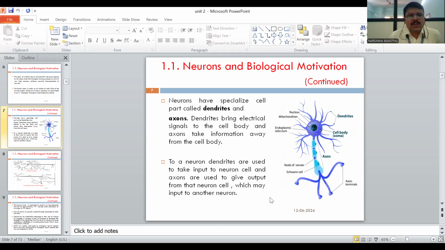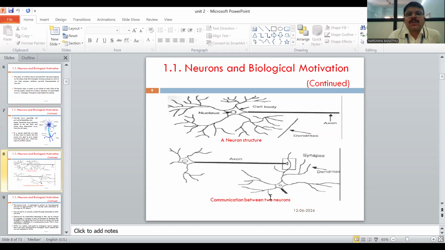In a neuron, dendrites are used to take input to the neuron cell and axons are used to give output from that neuron cell, which may be input to another neuron. As shown in this diagram, these are the nucleus and cell body.